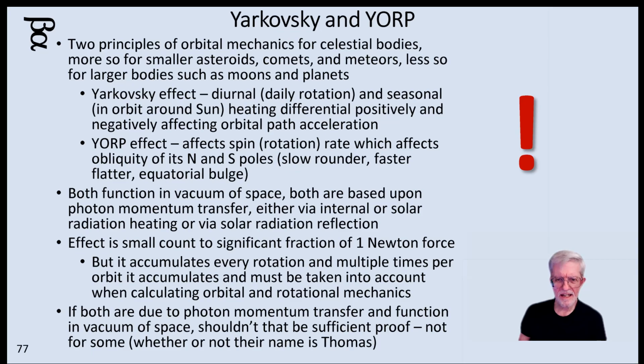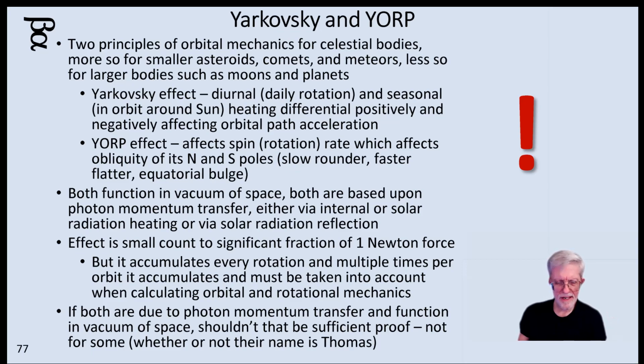It gets affected at a small level, but over time, measurably, on the orbit of these things around the sun and their rotation. And the YORP effect affects the spin, lower and higher speed spin of these objects, makes them rounder or flatter. It changes their equatorial bulge based upon solar radiation, increasing the spin rate of the objects.